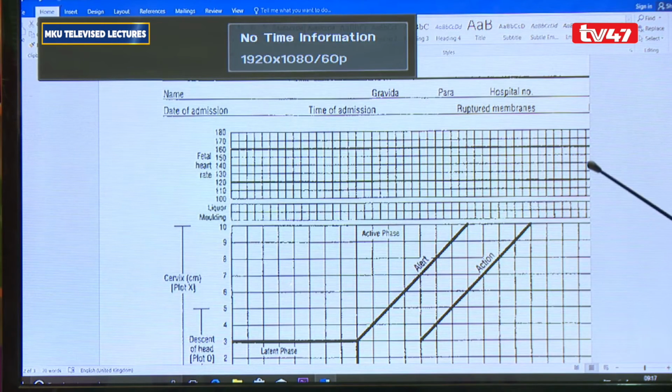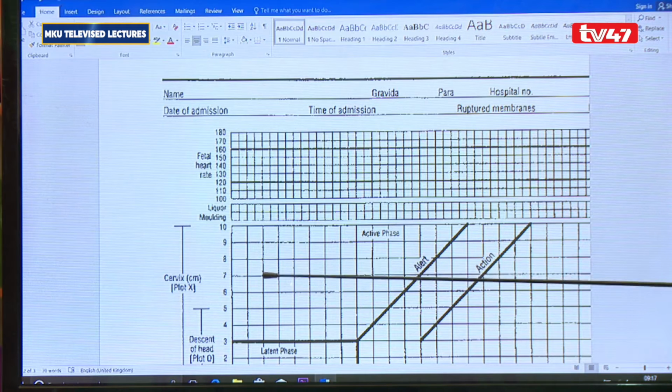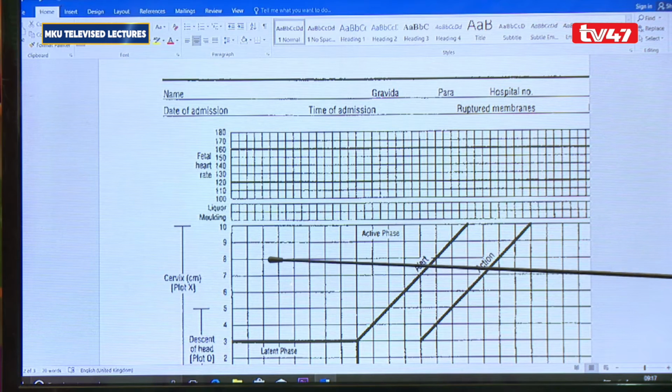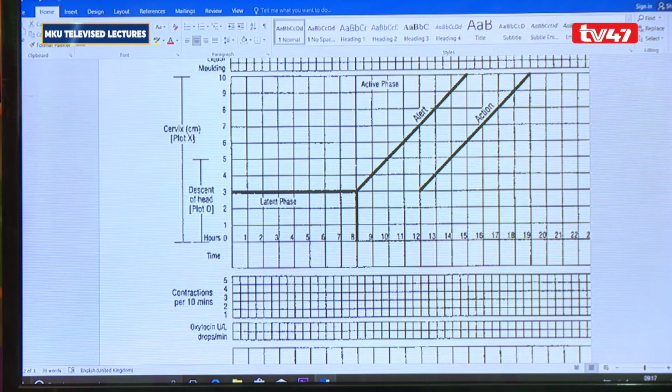So the next very important component of the pathograph is the one that monitors the cervical dilatation and the descent of the fetus. It is again a very important component of the pathograph because it tells us how the cervix is dilating.